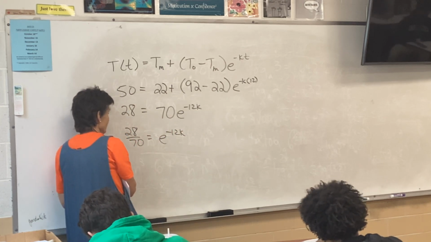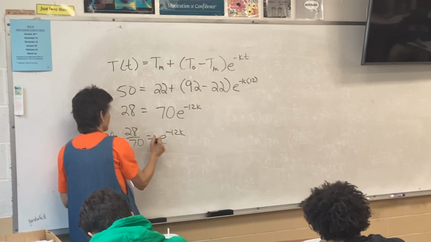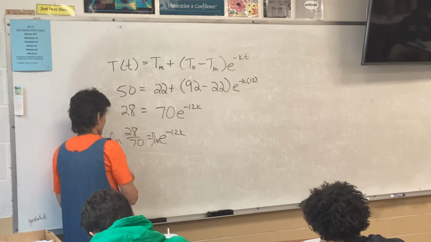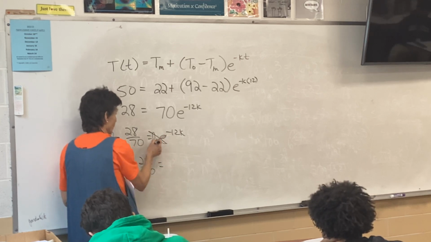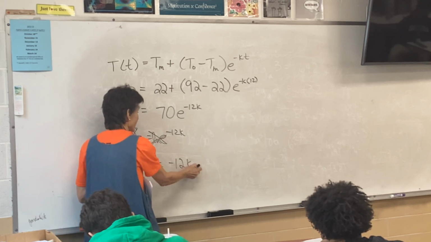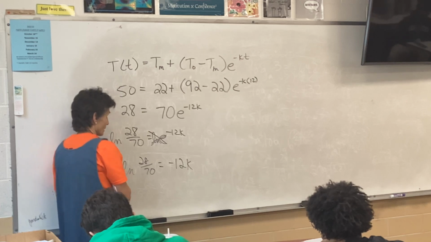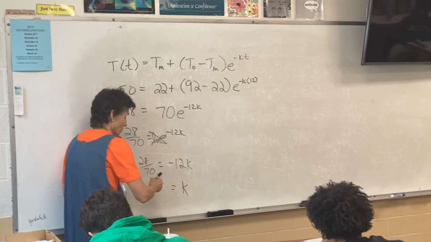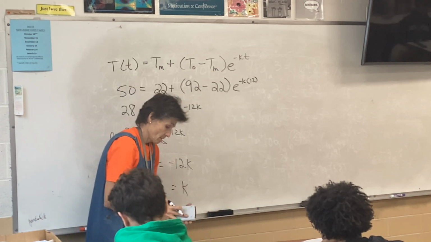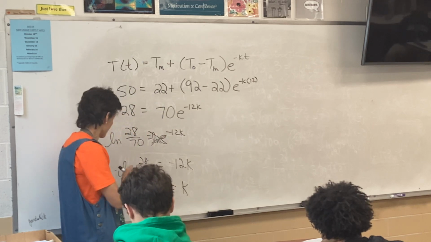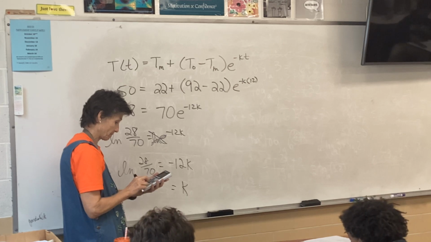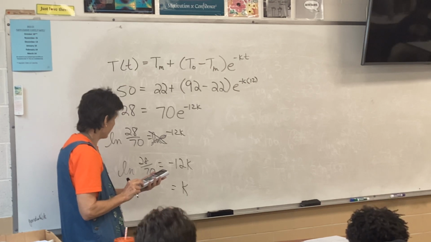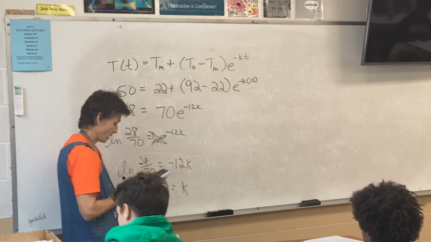Then we can natural log both sides. So the natural log of 28/70 equals negative 12k. So k is going to equal the natural log of our fraction divided by negative 12.